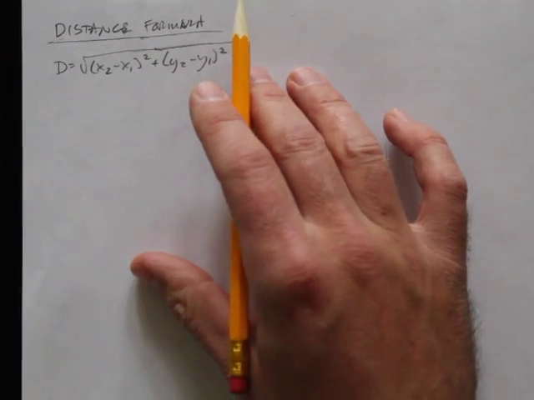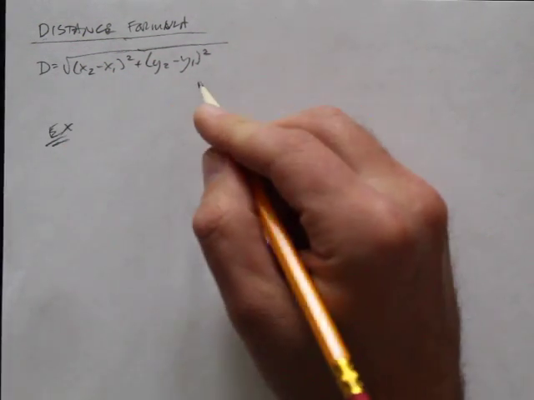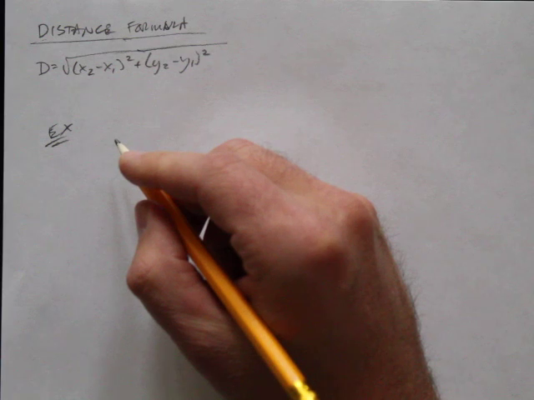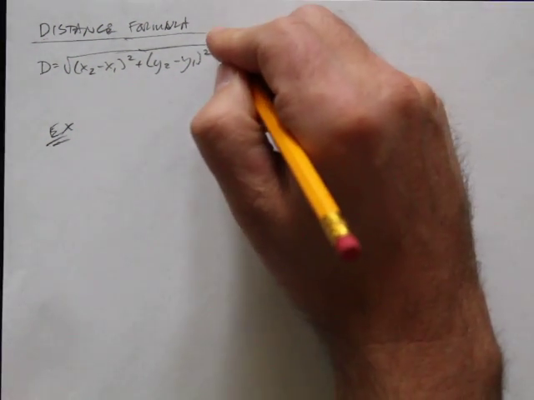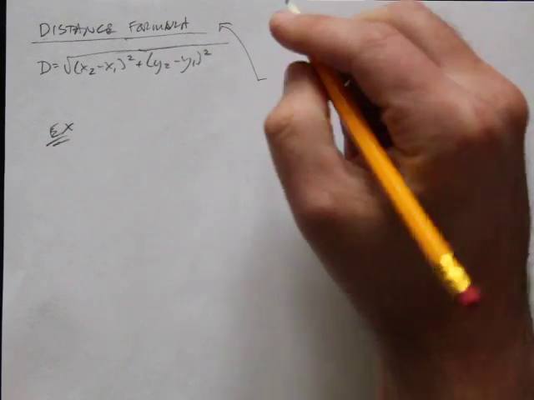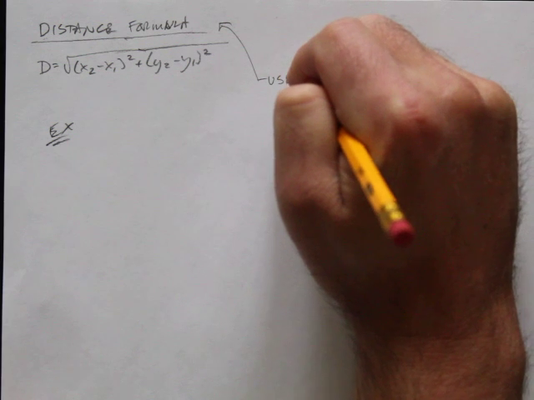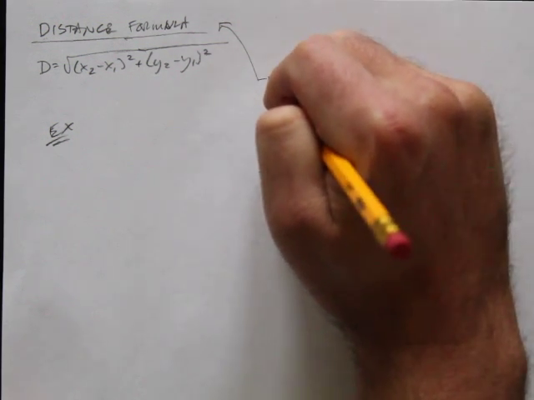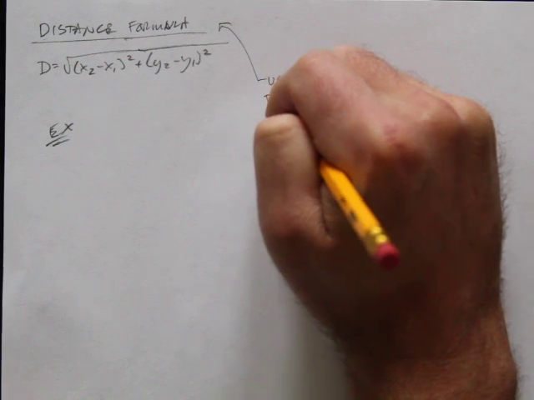So here's an example. We use this to prove a rigid transformation, really. I should have put it on 4-7, but it's okay. We use this to prove a rigid transformation.